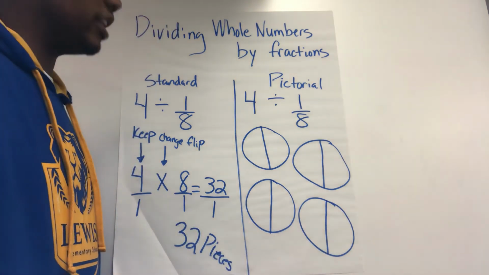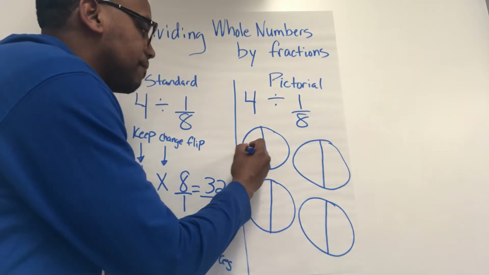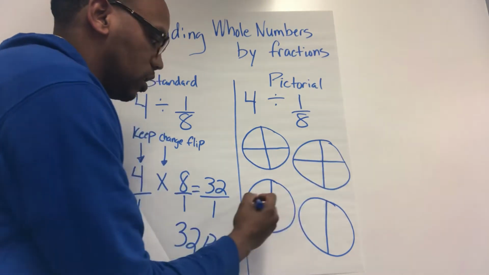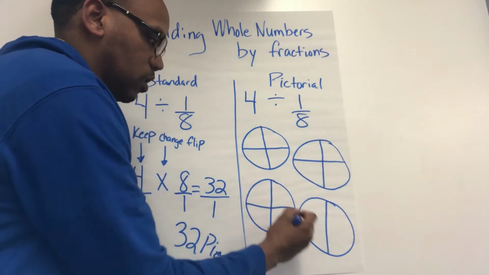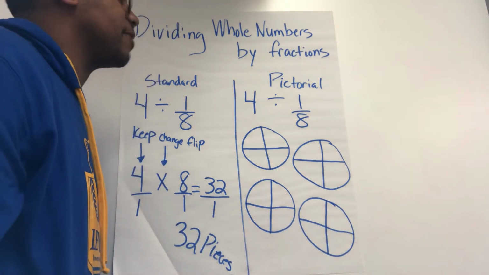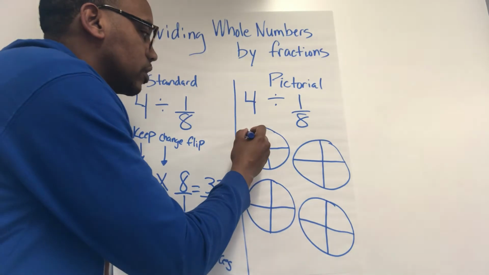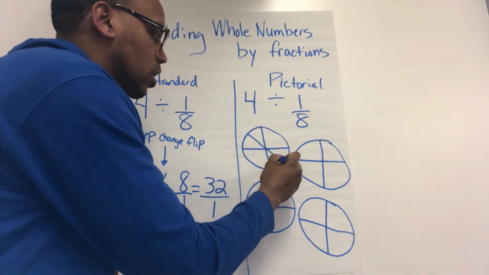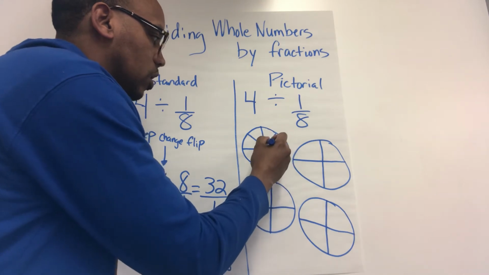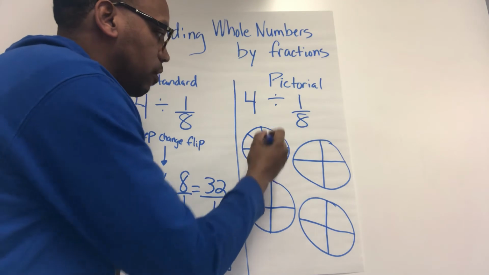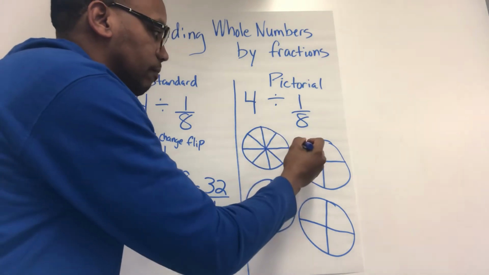Then I partition the halves in half to make 4ths. Then I partition each 4th in half and it will create 8ths. 1, 2, 3, 4, 5, 6, 7, 8.